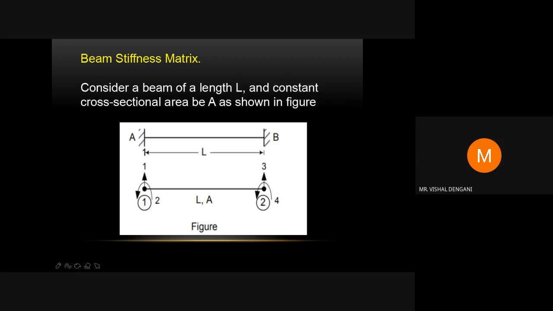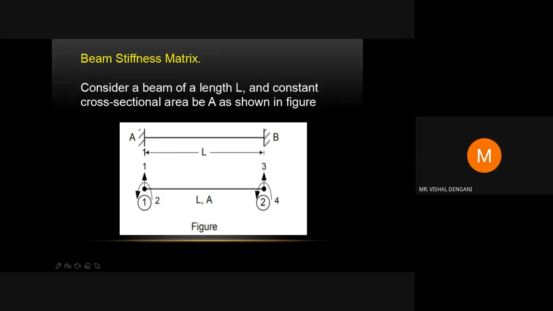Okay, so for the derivation of stiffness matrix, whatever the fixed beam we have considered here, we have to release this fixed support, and we have to give the displacement along the Y direction, that means delta Y, and then we have to give the displacement along the Z direction, that is theta Z. That derivation we will see.